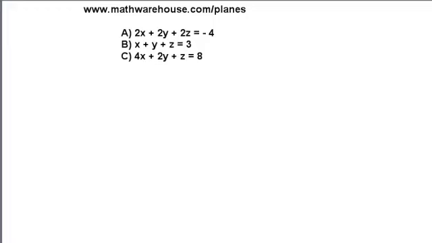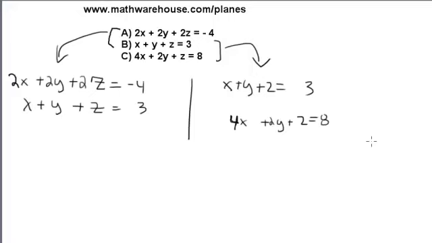I'm going to group them A, B, and B, C. So we're going to put A, B here. We're going to put B, C here. Okay, so if I'm going to target y, I need to get the same coefficient in front. So I'm going to multiply on the left side by everything by negative 2. Alright, so let me rewrite these.